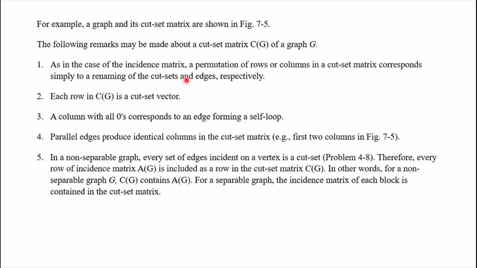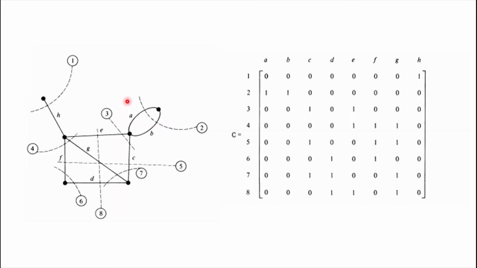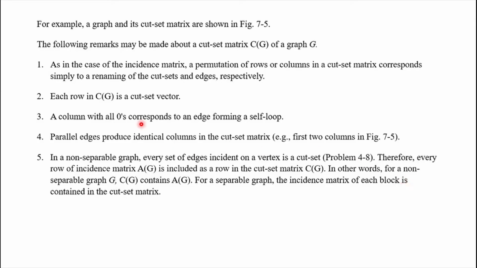The second one is each row in CG is a cut set vector. As you can see, each row in CG is a cut set vector. A column with all zeros corresponds to an edge forming a self loop.